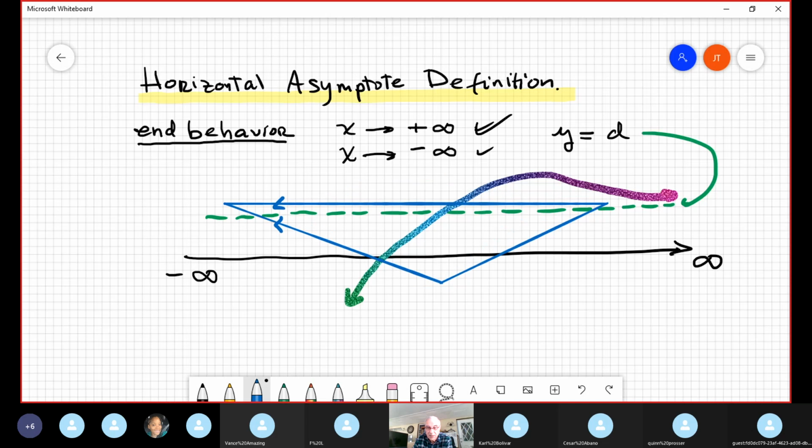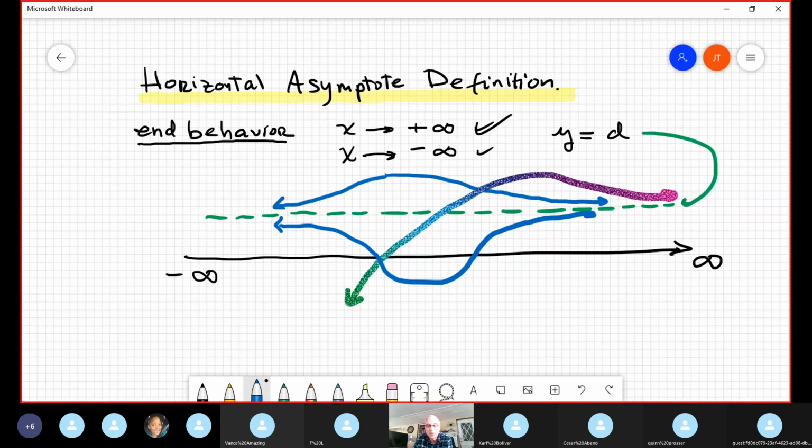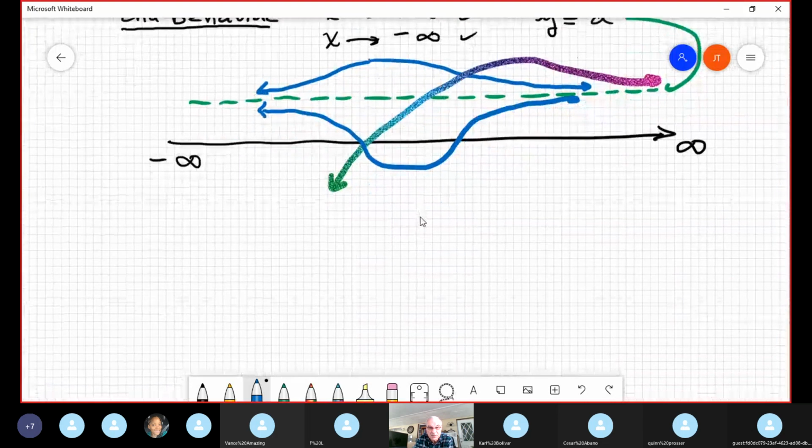But it's important, look, when I approach infinity, the curve tries to reach the y value d, no? In both directions. And it's impossible in a rational function to have that situation. Look, impossible.